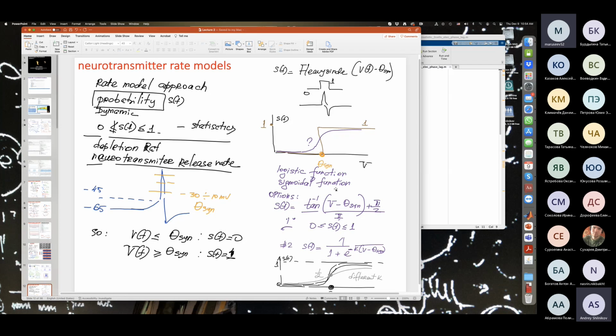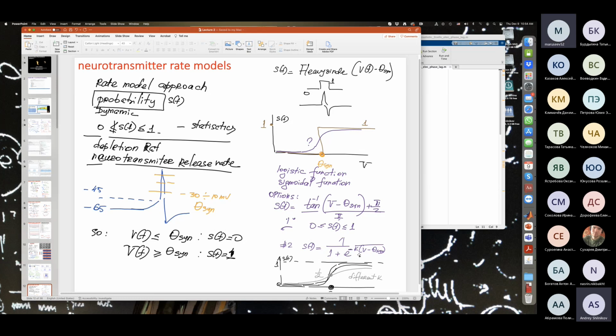This is called a sigmoidal function, also the logistic function. That's how the function looks, right? I mentioned last time that some people use inverse tangent to generate this kind of graph, or you can use hyperbolic exponents to generate basically the same thing. We're going to use that notation in the future.